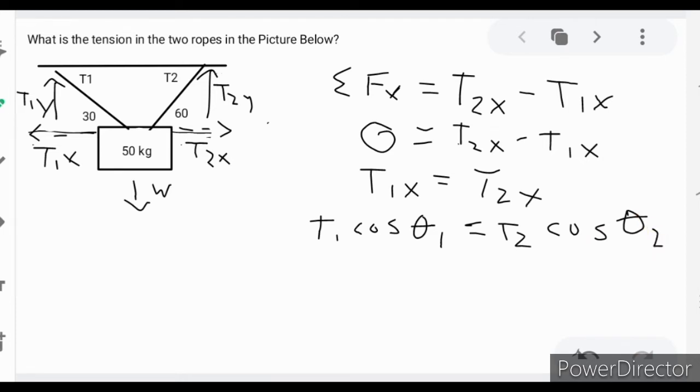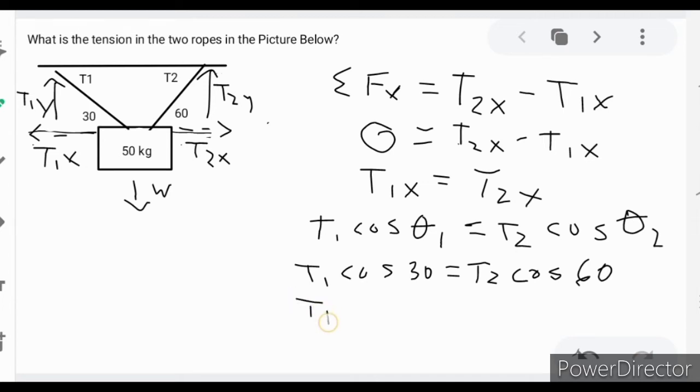Let's substitute the given angles. We get T1 cosine 30 is equal to T2 cosine 60.